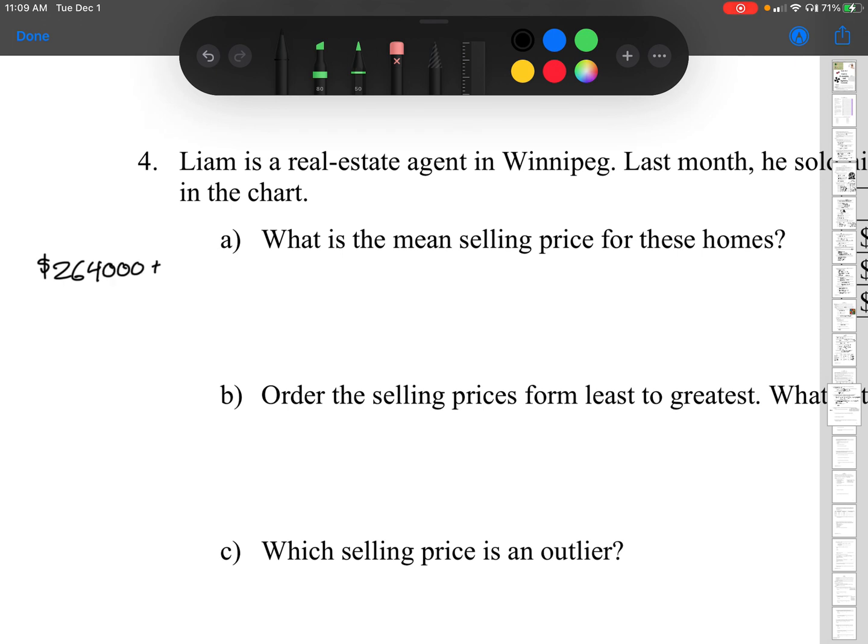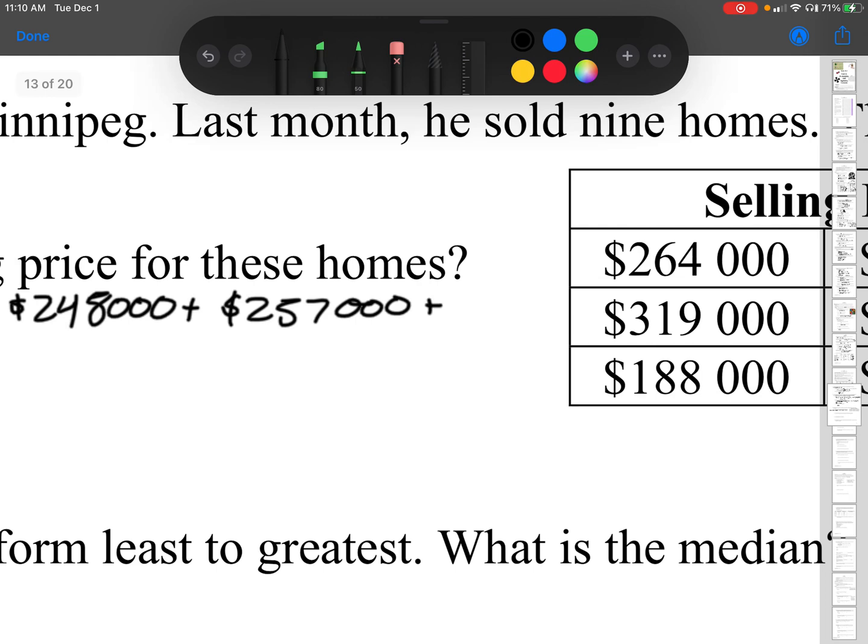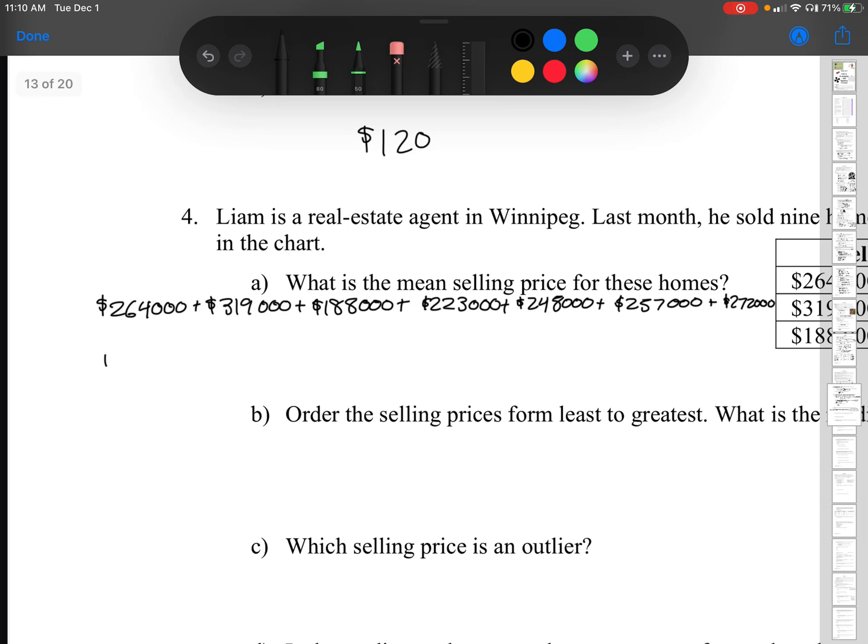264,000 plus 319,000 plus 188,000 plus 223,000 plus 248,000 plus 257,000. Can I get one more? I can get one more in there. Plus 272,000 plus 288,000 plus 784,500, like so.